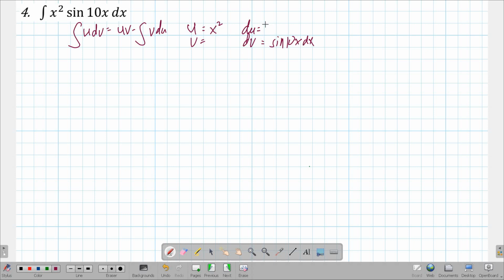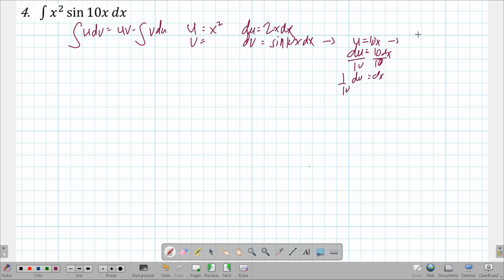So in doing so, I'm going to have the derivative, du equals 2x dx. Here, the integral of sine 10x dx, if you remember, would then become, if you let u be equal to 10x, du becomes 10 dx. So we divide both sides by 10 and dx becomes 1 over 10 du.